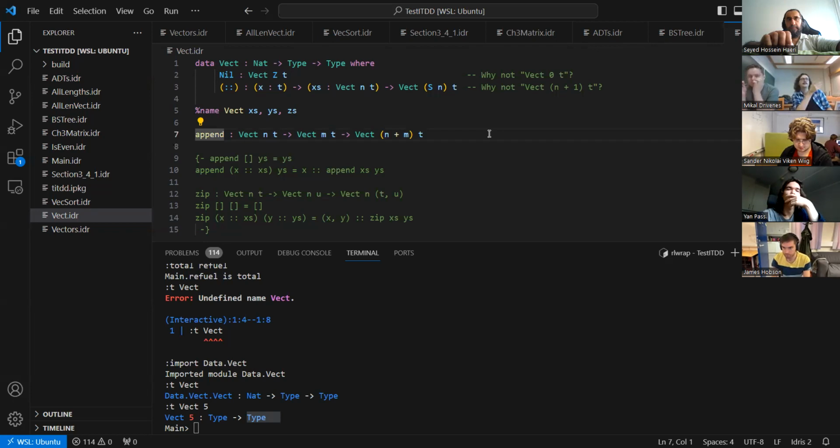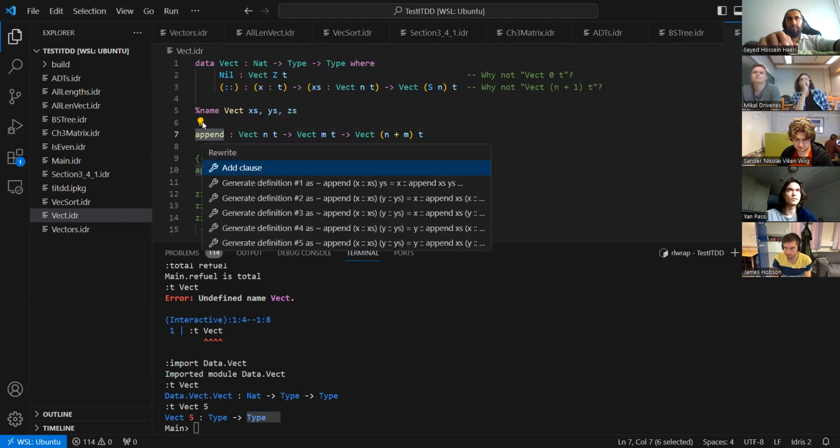Well, we have to start by... I can't remember the word, but add clause is the first one.